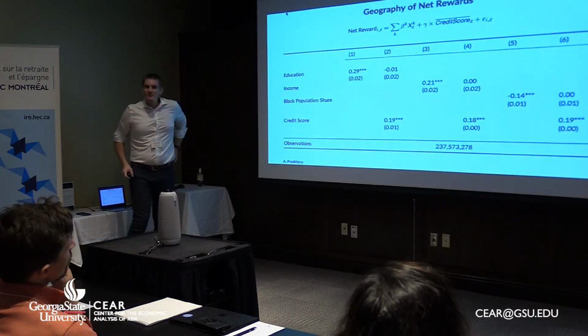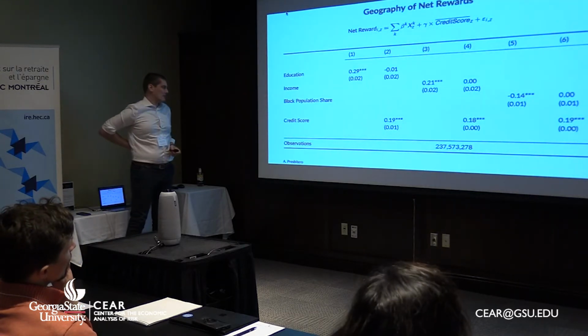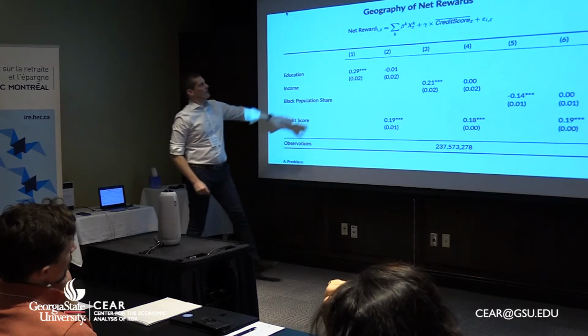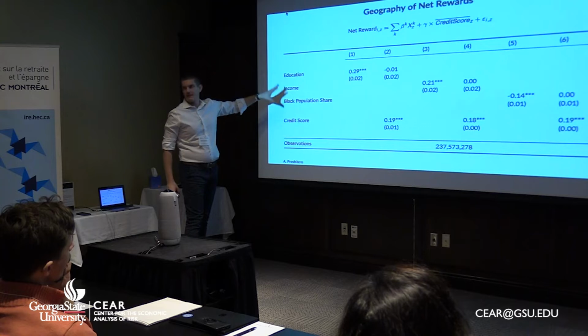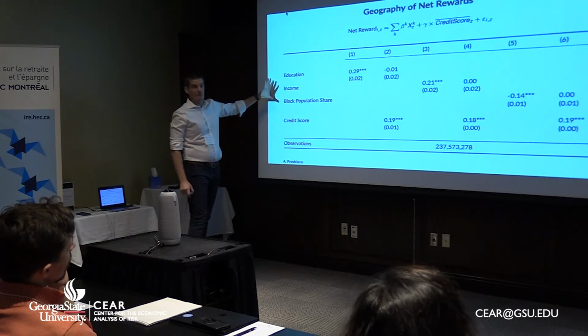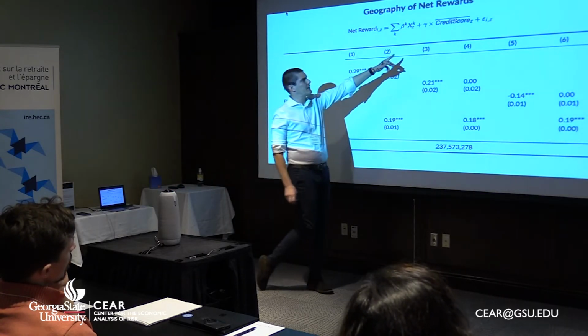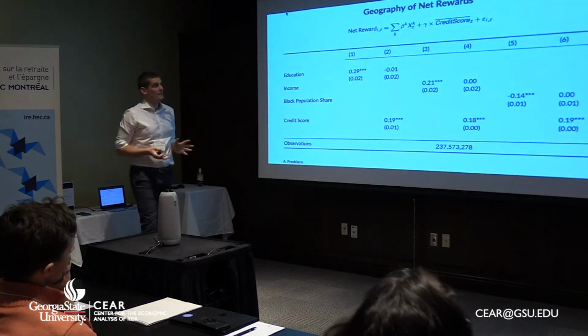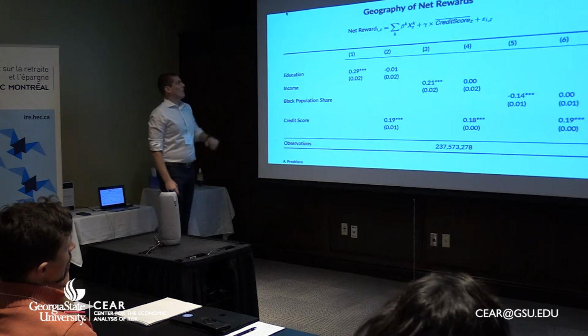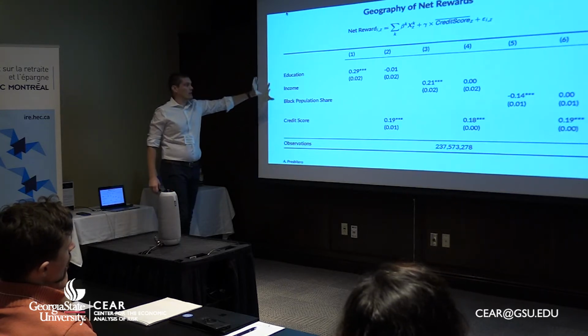So here we do a super simple exercise. At the card level, we have the net rewards as a function of some characteristic of the zip code and the average or median, I don't remember, nothing changes, of the credit score within the zip code. And so we look at education, income, and the share of black population.